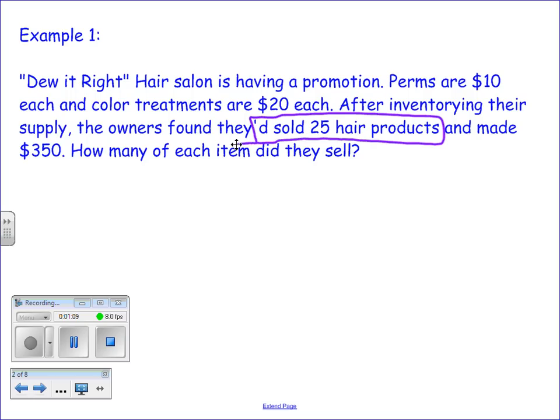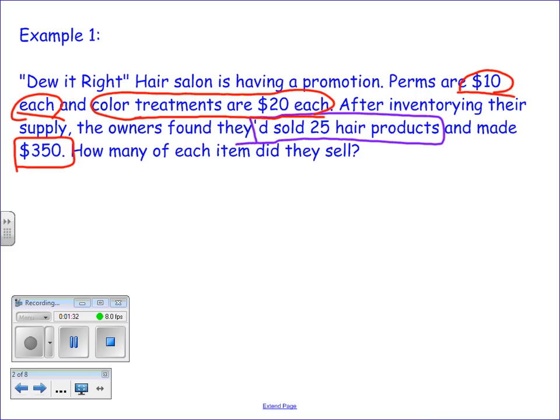Probably the fact that perms are $10 each and color treatments are $20 each. That's going to be very important information for us. What's the one other piece of information that we'll probably want to include? How much money they made.